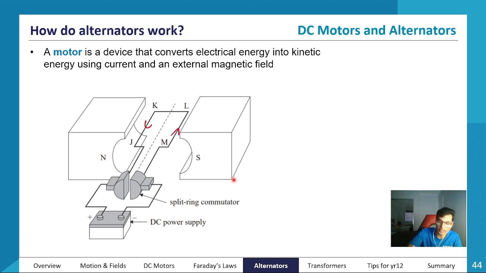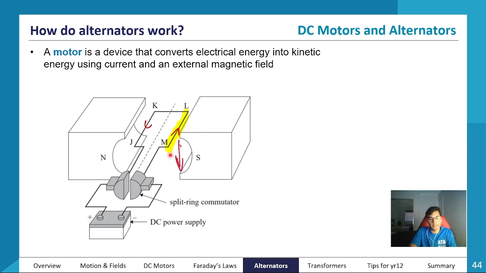Looking at this line from M to L, if we use our right-hand slap rule, we know that the current is going into the page, so our thumb would point into the screen. Our magnetic field is going from left to right, so our fingers would point to the right-hand side. From this, we know our palm is pointing downwards. So the force acting on that point is downwards.